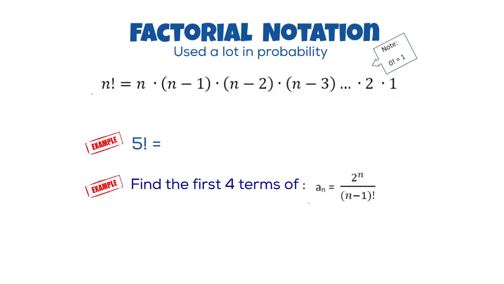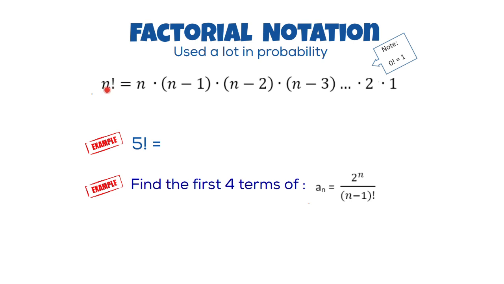All right, so we have one more type of pattern that we're going to see. This is just getting you familiar with it because I'm not sure that you're going to necessarily remember it that well. You would have seen it in college algebra, but it's something we call factorial notation. And we do use it a lot in probability, and that is coming later on in this chapter. So here's what factorial does.